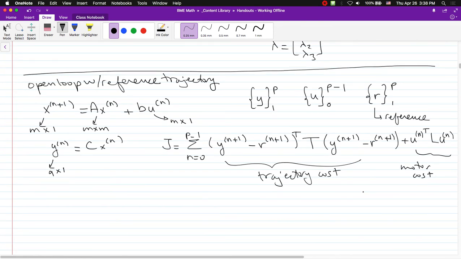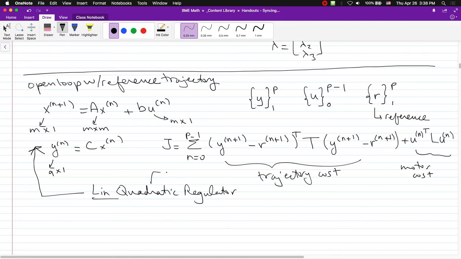So the class of problems that we're working on are called linear quadratic regulators. Linear in that the system is linear, quadratic because of this, right? You see that things are being squared, and regulator because we are coming up with a controller that could solve that class of problems.